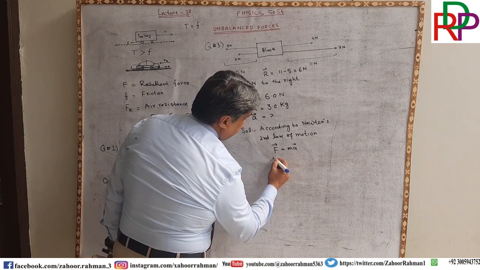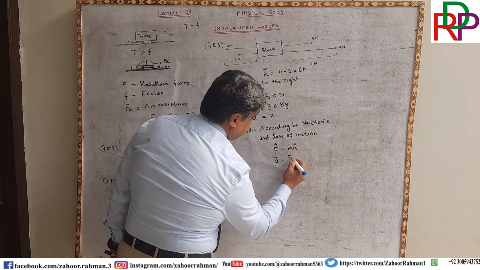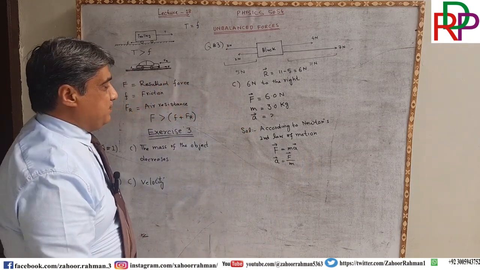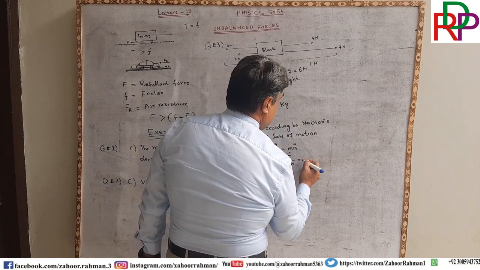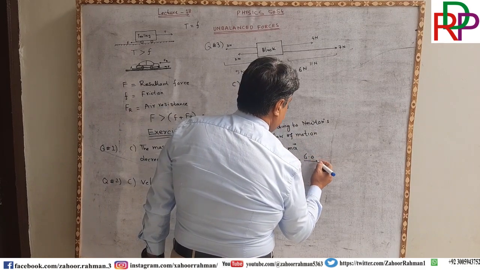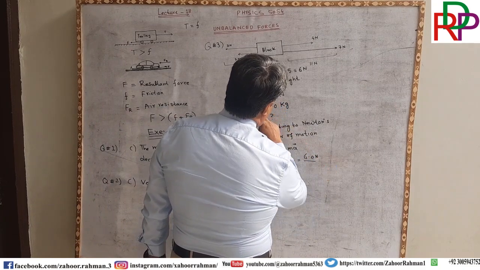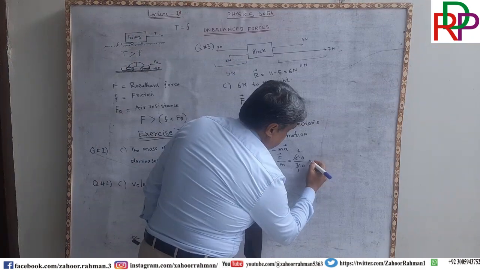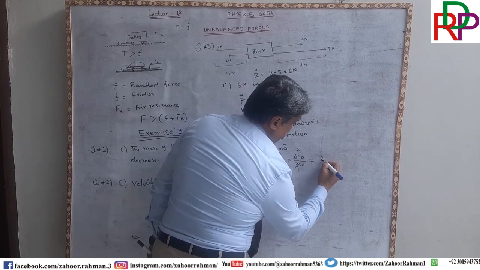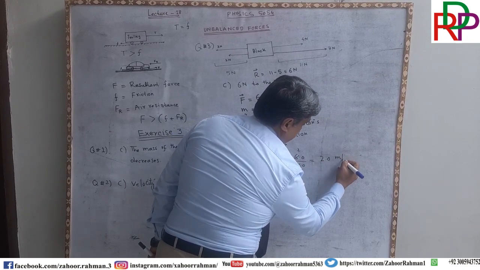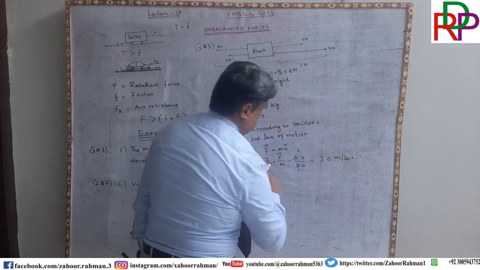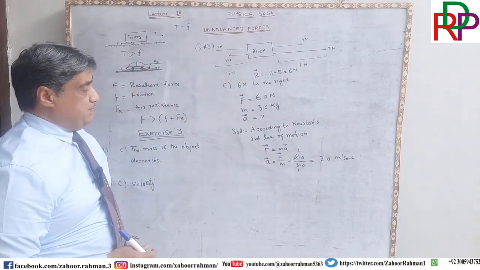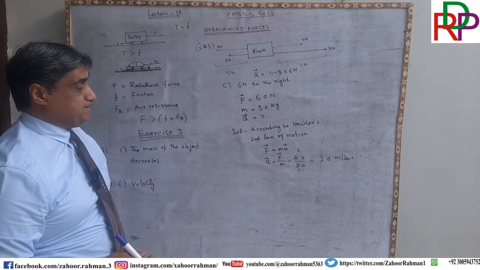We will leave a on one side, and then we have to divide force by mass. Force is given, which is 6.0, and mass is given, 3.0 kg, which is equal to 2 meter per second square, because it is acceleration and the unit of acceleration is meter per second square.